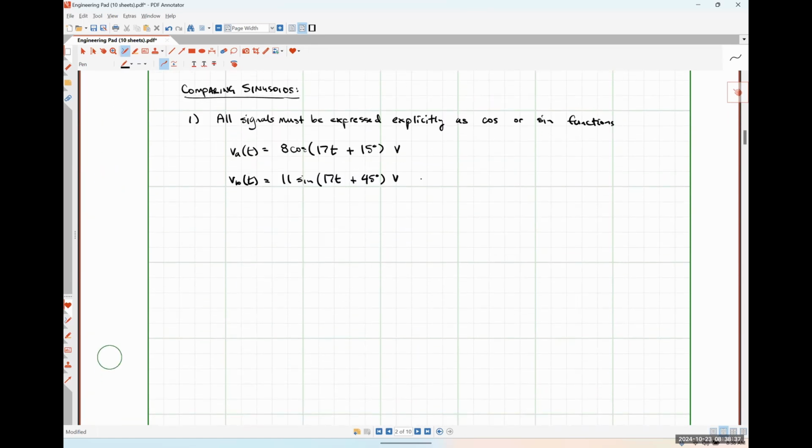So I would convert this VB into VB of t is 11 cosine 17t minus 45 degree volts, and then it'd be good to go. So just to be clear, literally all I did was I subtracted 90 degrees from the phase angle to go from sine to cosine. Don't have to do anything fancier than that. Now they're both cosine functions, and I can compare them to each other.